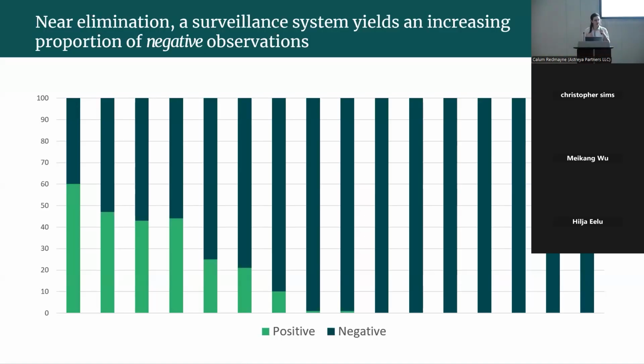So in any sort of near elimination scenario, regardless of how the surveillance system works, it's going to be yielding an increasing proportion of negatives as we reach that end goal of elimination.